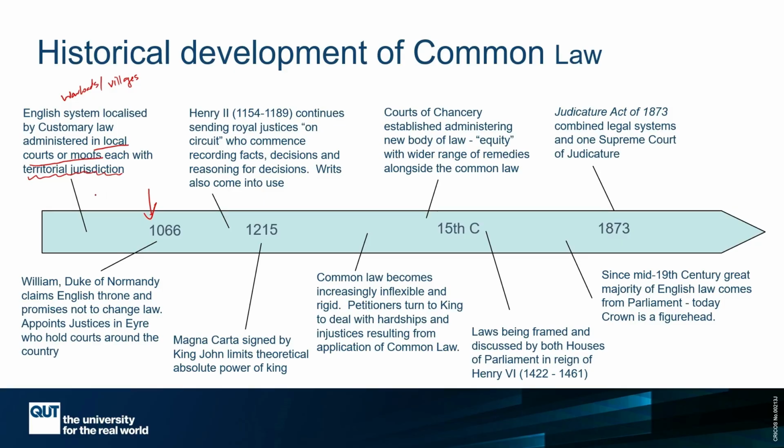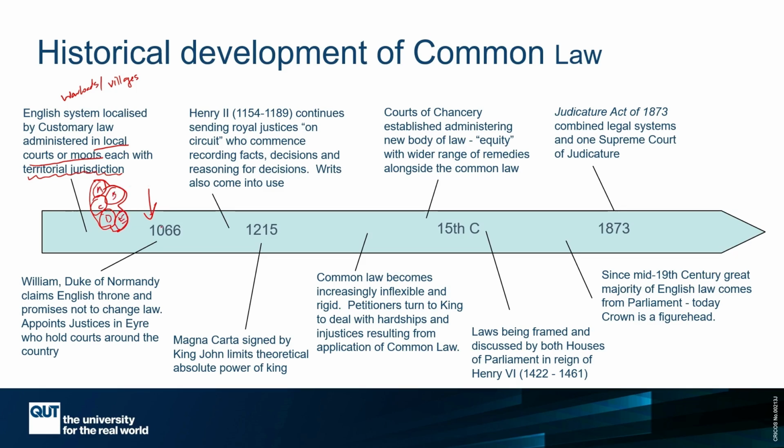So if you can imagine that you have a country, let's draw a country, and essentially what we're saying is that there are these legal systems in the country that are all quite separate.